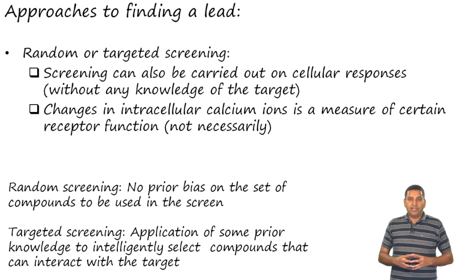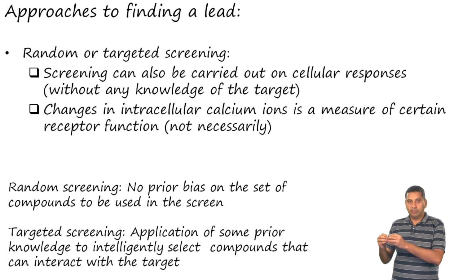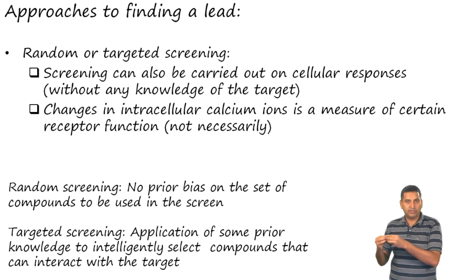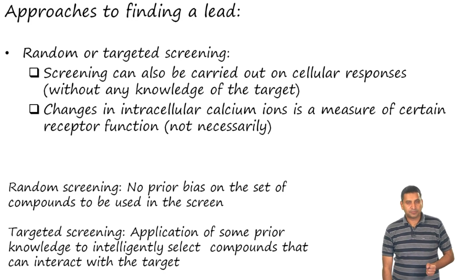In targeted screening, on the other hand, we apply some prior knowledge that we have. So, for example, we may know the crystal structure of the protein, and we may look for a particular binding site, but we may not know exactly how best the structure would bind, but we may want to apply some prior knowledge and intelligently select compounds that can interact with the target. So, this is the difference between random screening and targeted screening.